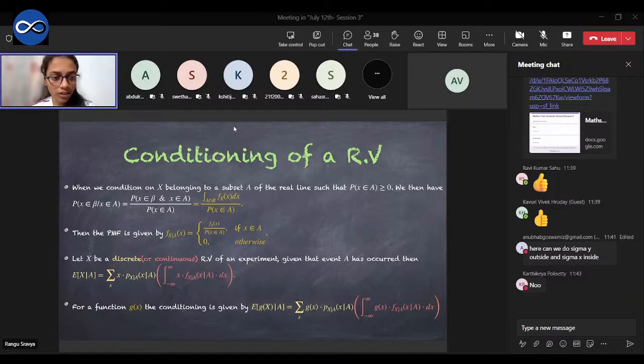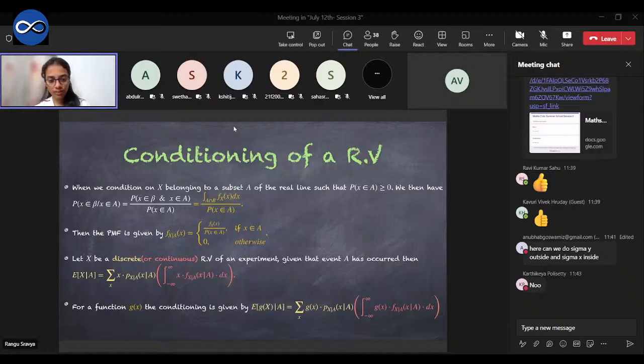And for continuous, we use integration and replace the conditional PMF by the conditional PDF and dx. So it will be the integral from minus infinity to infinity of x into f of x given A of x dx. Just the same thing, replace the normal things by the continuous things.